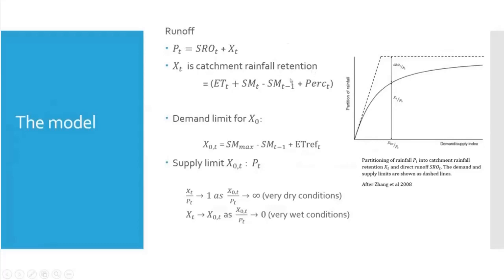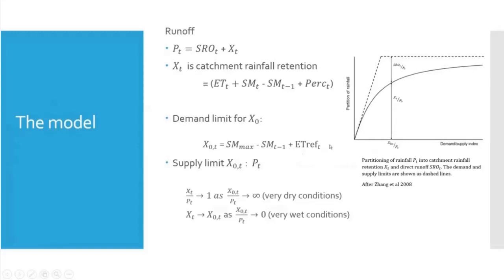So following an approach the same as the Budyko curve, what they say is the ratio between the catchment rainfall retention and precipitation will approach 1 as the demand limit by precipitation becomes very large.